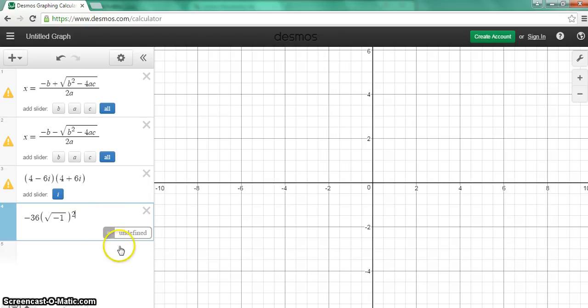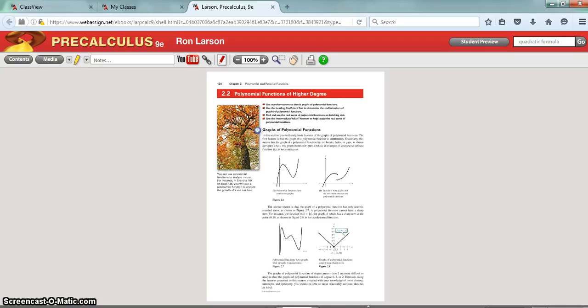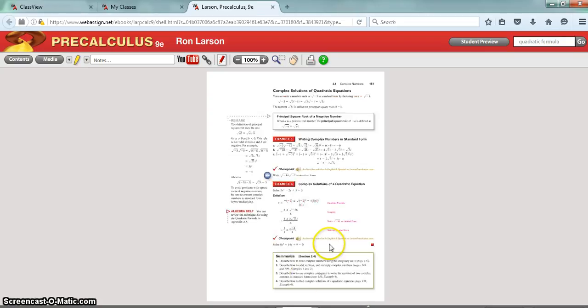Desmos does not do well with imaginary numbers, but root negative 1 times root negative 1 becomes negative 1, so i squared is negative 1. I believe in your book it'll talk about how imaginary numbers are cyclical.